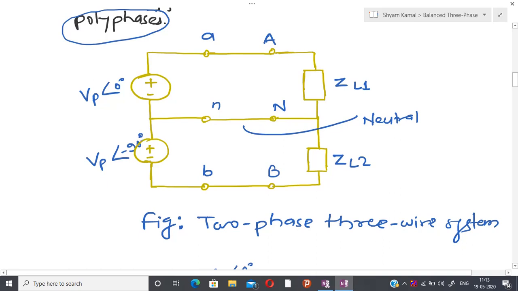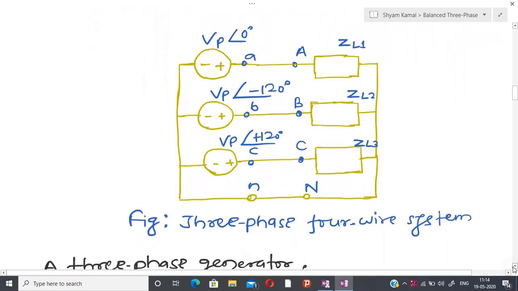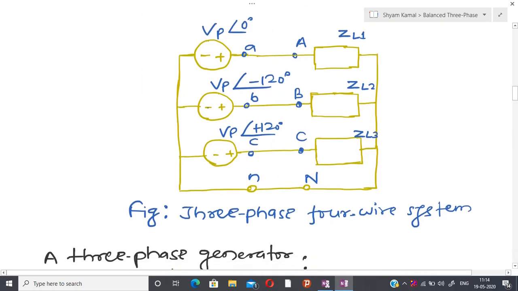Due to the placement of the coils we are able to generate these different phases, but frequency remains the same. In the same way, let us see the next figure, and here I now have three different phases, 0 degree, minus 120 degree and plus 120 degree, and frequency remains the same.